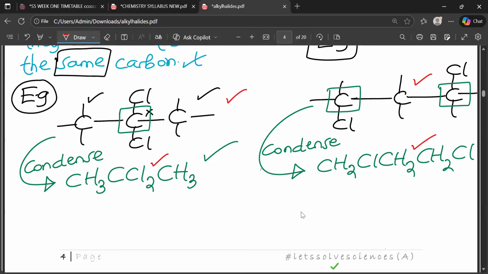Are we together? Okay, now my point of emphasis is on this: one carbon having both halo groups, and also separate carbons having the halo groups. These things have names.